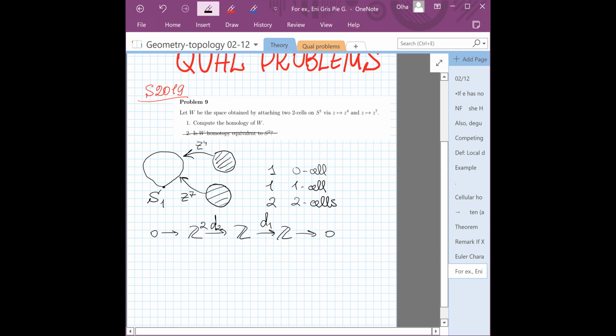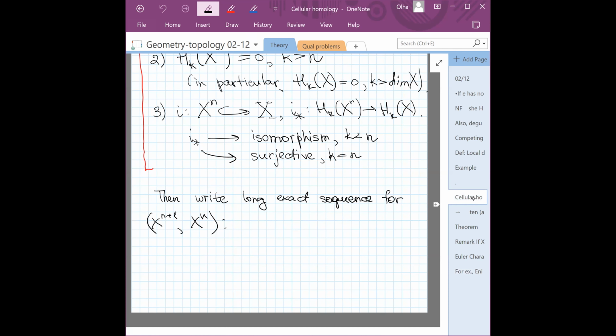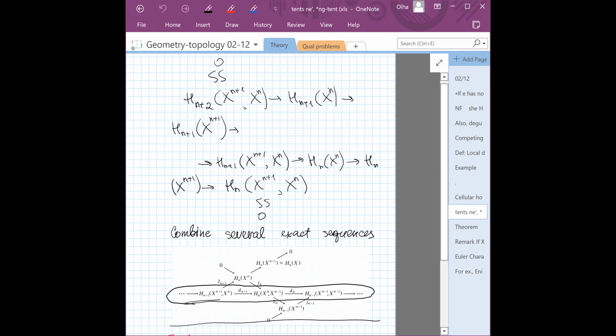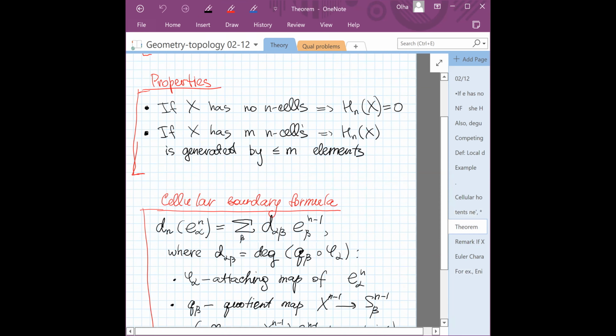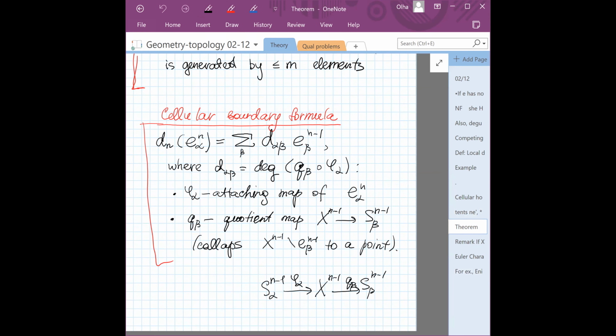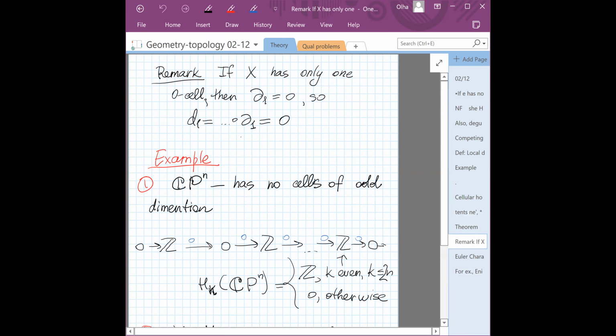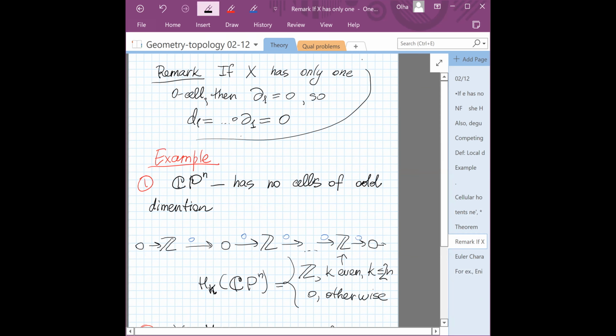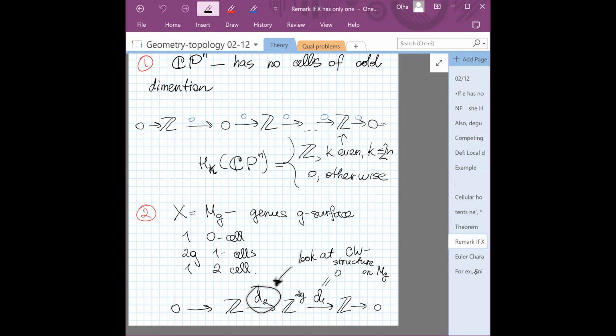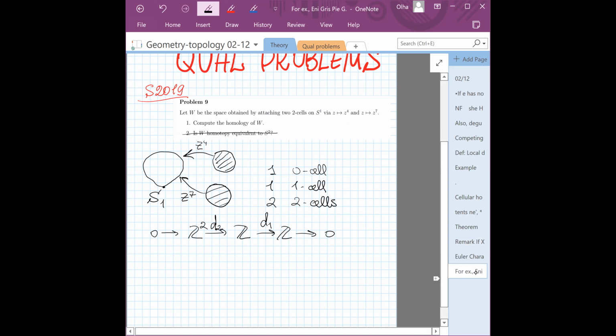Notice that we can still apply the same argument, the remark from before, because our space has only 1 0-cell. And because of that, this map is going to be a 0 map. So d1 is equal to 0 by the remark.